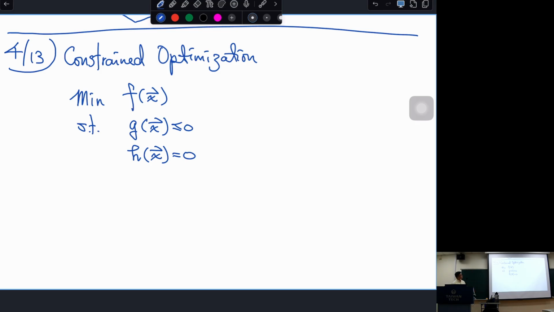Okay? This is the standard format. This is your design variable. It's a vector, so this is a multiple variable problem. Okay? This is your objective function.